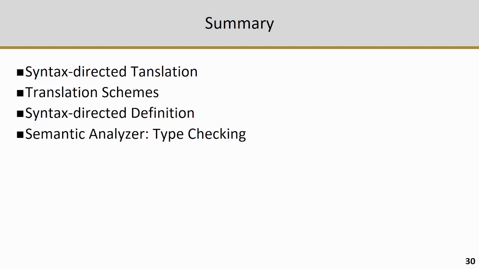In the case of translation scheme, the intermediate code was typically just printed. In the case of syntax-directed definition, the intermediate code was somehow computed in values of attributes, but as a result, for example, we could compute values of arithmetic expressions during the translation.